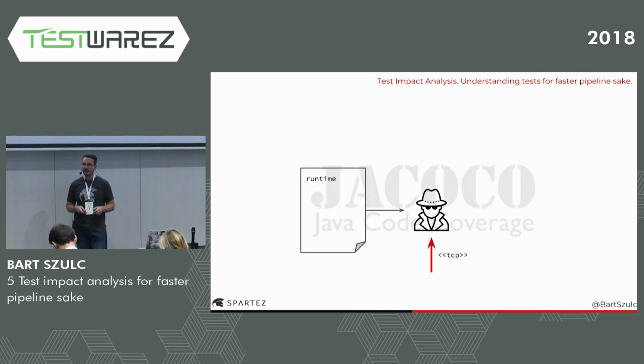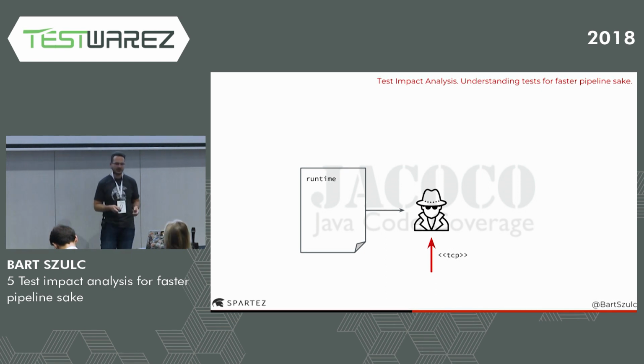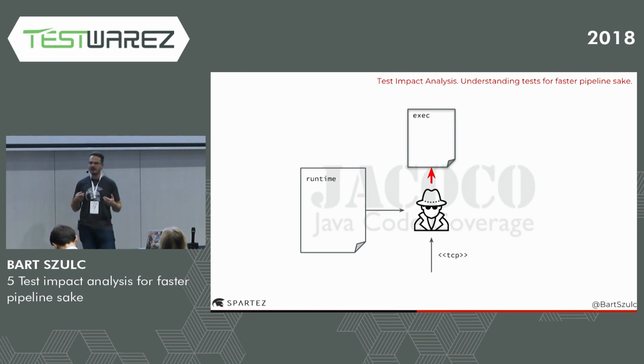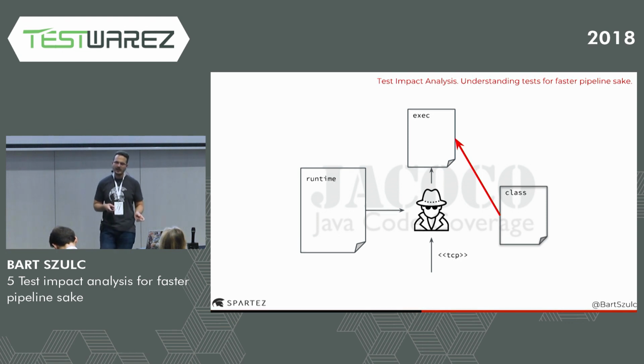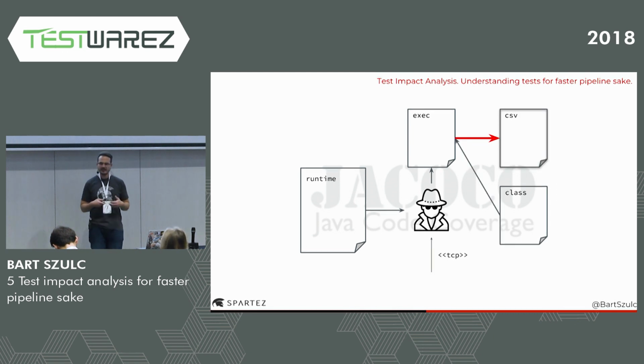But you can connect to that agent. You can make a TCP call and, for instance, tell the agent to do something, like tell Jacoco to dump the current coverage information. Jacoco will dump that information in a binary file with an exec extension. Later you can use that binary file with all the classes that you have in your code base to generate a CSV file.